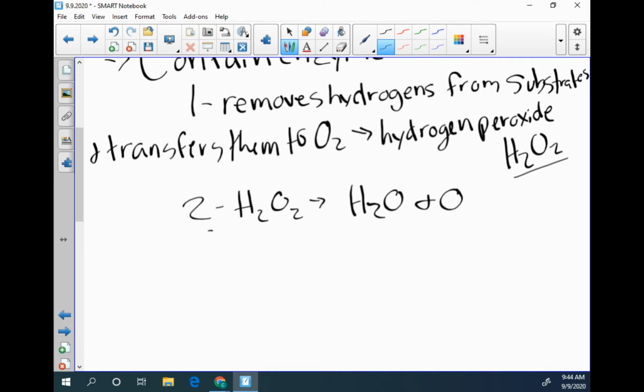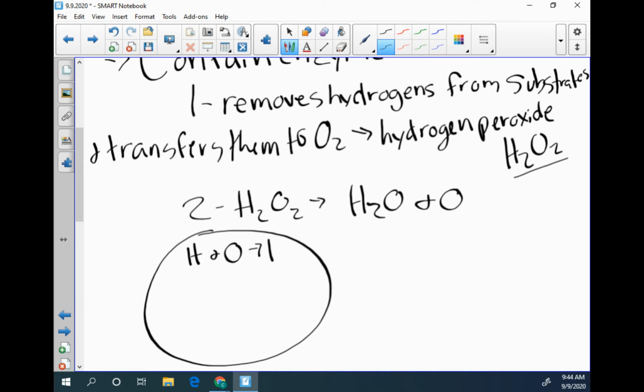So essentially, if this is our peroxisome, they can take hydrogen and oxygen and make H2O2. And then they can take that H2O2 and make water and oxygen.